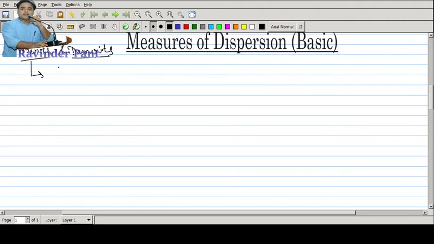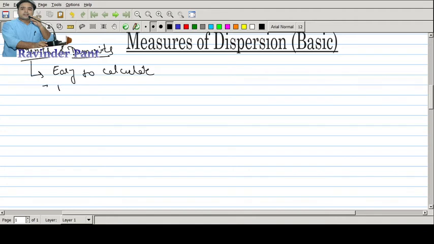This quartile deviation is easy to calculate. It's a positional average. Since median is easy to calculate, since the partition value is easy to calculate, you just need to locate the class. So this deviation based on the partition values, especially quartile 3 and quartile 1, is an easy to calculate measure of dispersion.